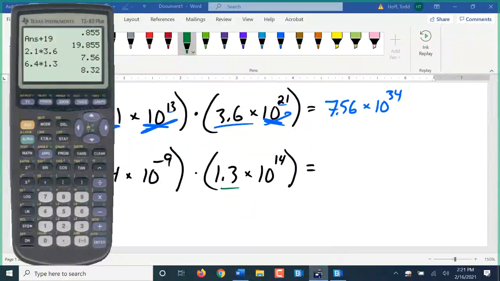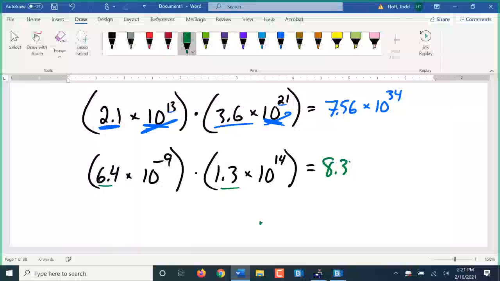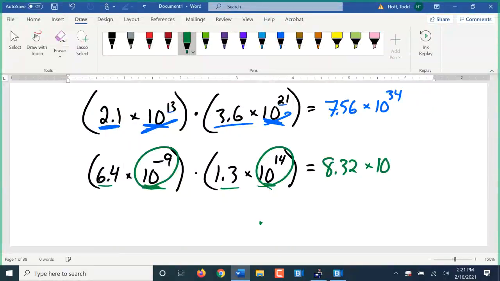Give us 8.32. Times, then we also combine the names. 10 to the negative 9th times 10 to the 14th. They both have a base of 10, so when we're multiplying, we can add the powers. Negative 9 plus 14 is 5. So that's 8.3 times 10 to the 5th.